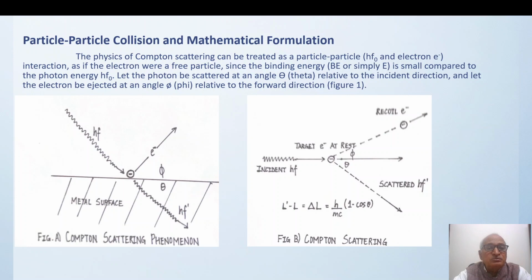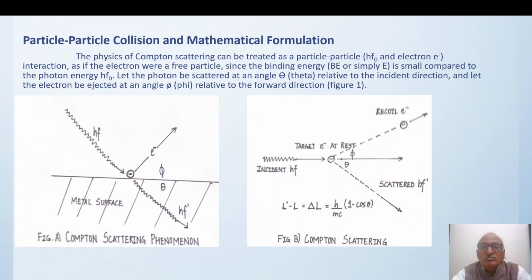Then the electron is forced to get ejected, and the incident photon gets scattered with energy lower than hf. This lower energy is shown as hf prime. And the two angles are shown here. Scattering angle is theta, and ejection of electron is shown by the angle phi.